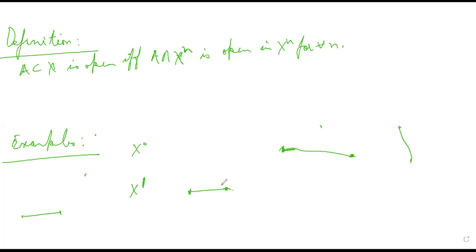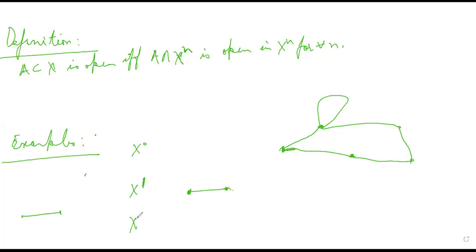Initially you had these closed one balls, closed intervals or closed arcs, and you find the identification space by identifying these boundary points with any of the points in X0. Similarly, you can identify both boundary points to a single point to get a loop, something like this, and something like this.